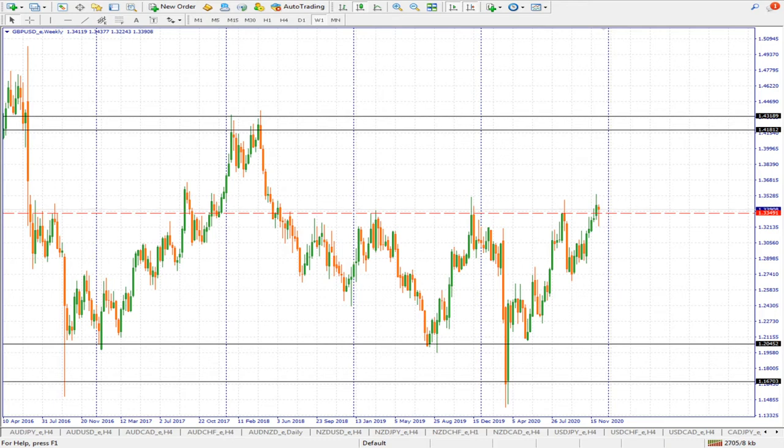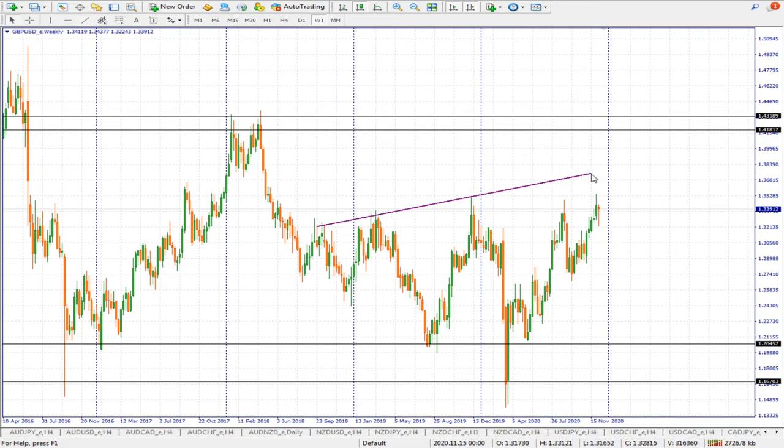I will start off with trend lines touching only the tails of the candle. Look at this. You have a point here, so you draw it in a way that it touches just the tails.